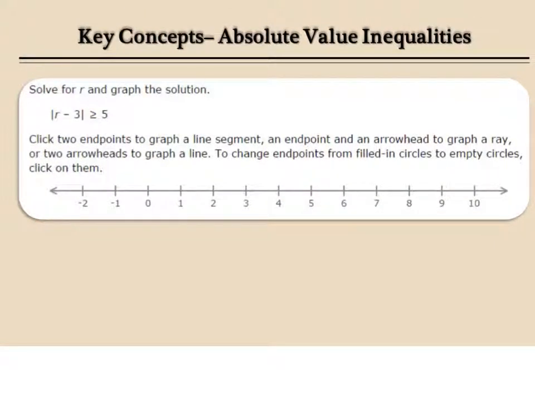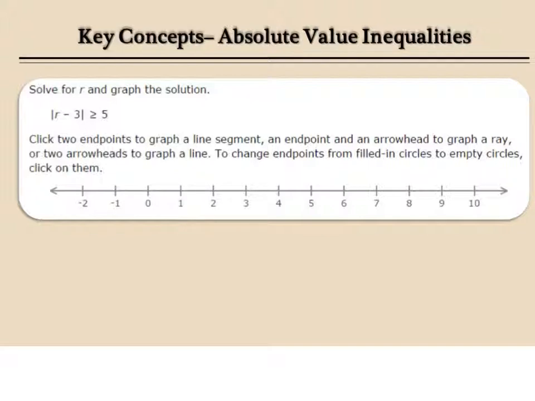All right, the second example is the absolute value of r minus 3 is greater than or equal to 5. Because the absolute value is already on the left, I don't have to rewrite it. Because the absolute value is greater than the number, it is an "or" inequality.